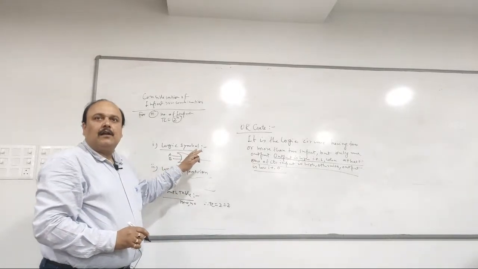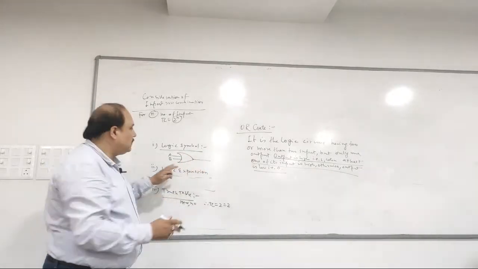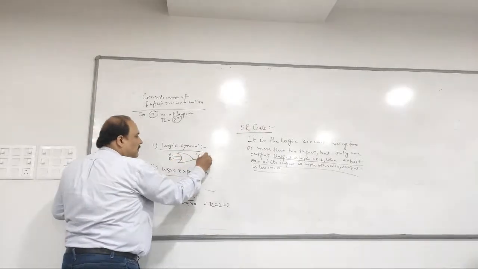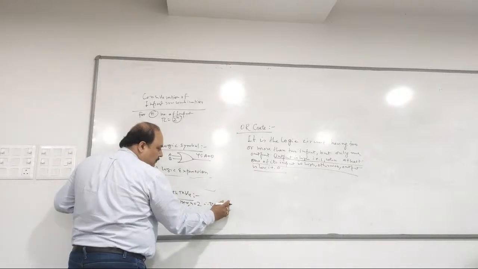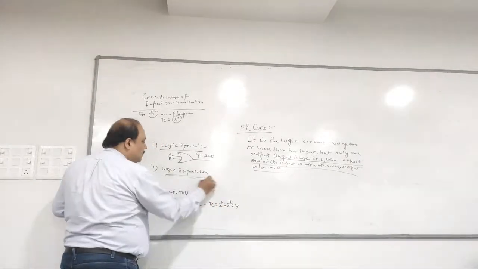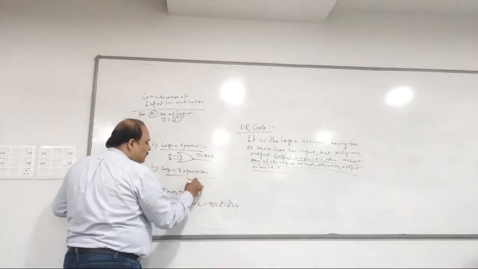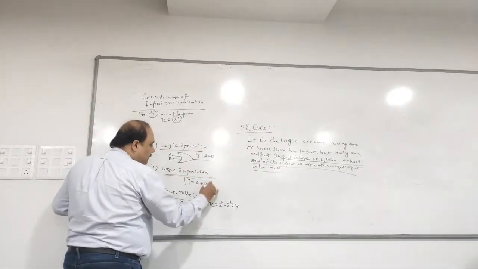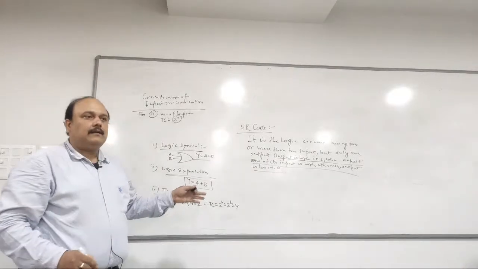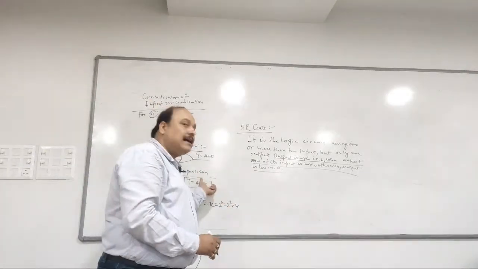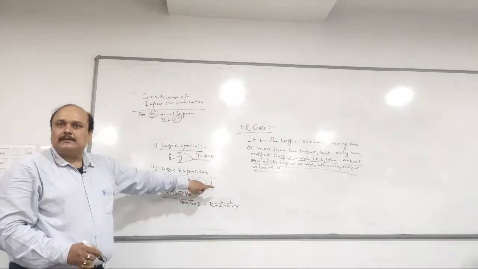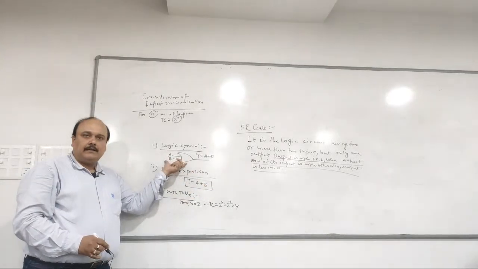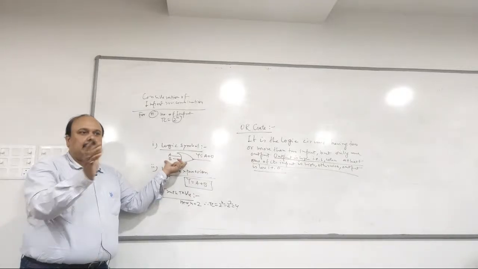We are discussing the logic symbol and logic expression for two inputs, considering n equal to 2. Whenever you increase the number of inputs, you have to enhance the logical expression as well as the logical symbol, as in the AND gate.